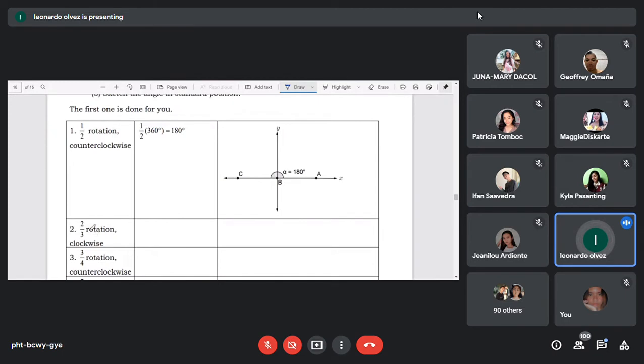Let's have number two. Two-third rotation clockwise. How many degrees is the two-third rotation clockwise?